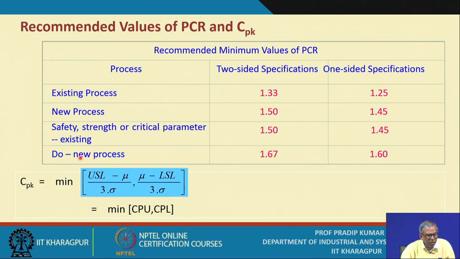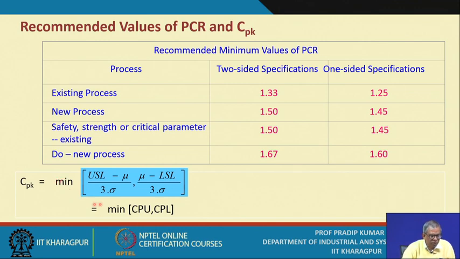And if you deal with parameters like safety or strength, but with a new process, one you just installed, you set a value of 1.67 for PCR, this is the minimum value for two-sided specification. Similarly, for one-sided specification, it is 1.60.